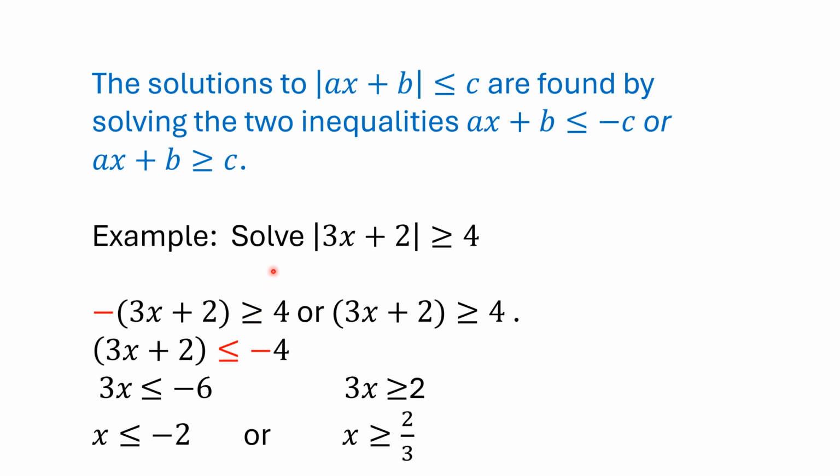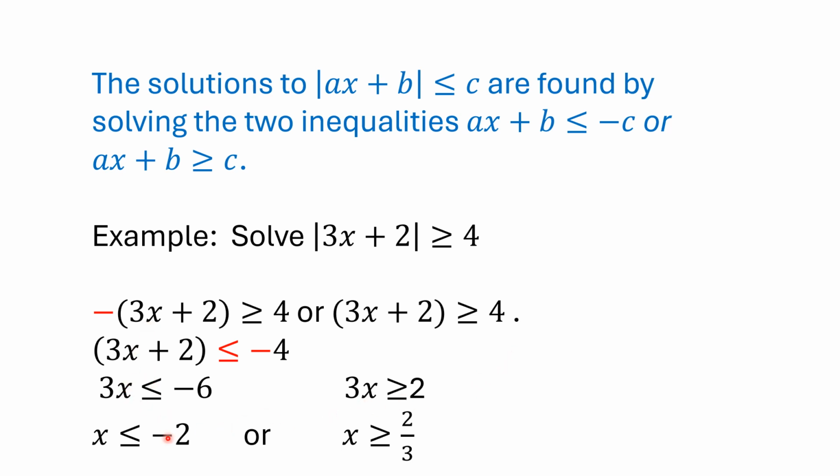So again, I'm going to solve my inequality by taking negative 3x plus 2 greater than or equal to 4 in one branch and 3x plus 2 greater than or equal to 4 in the other.